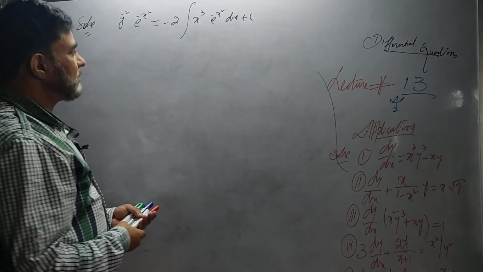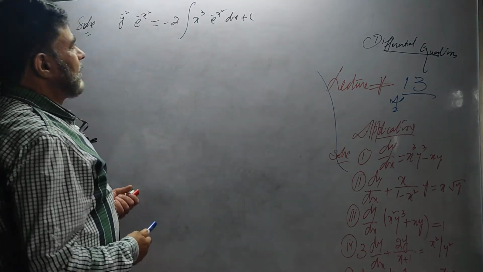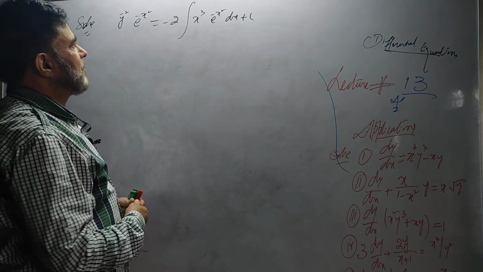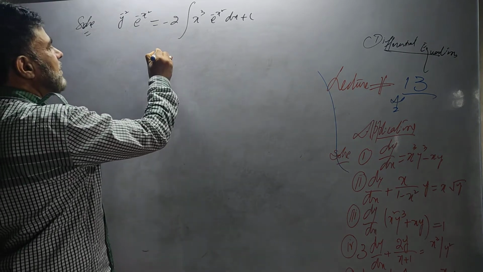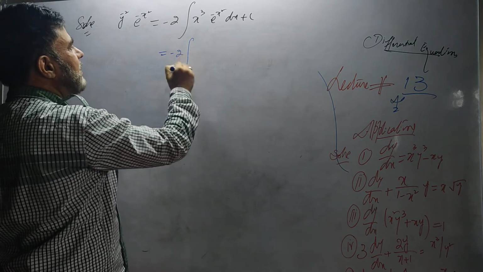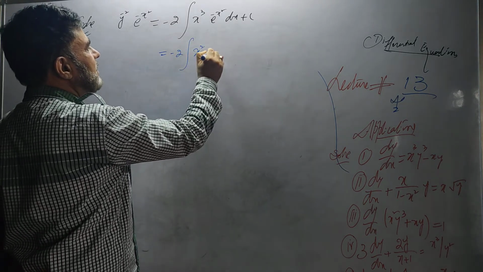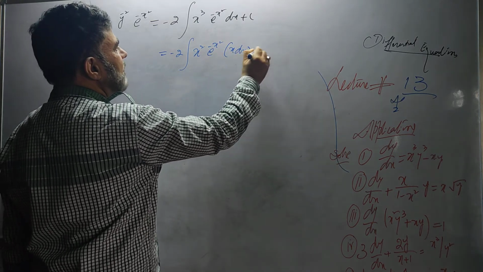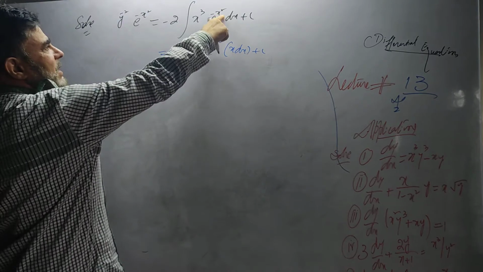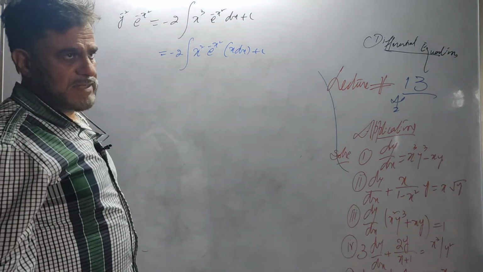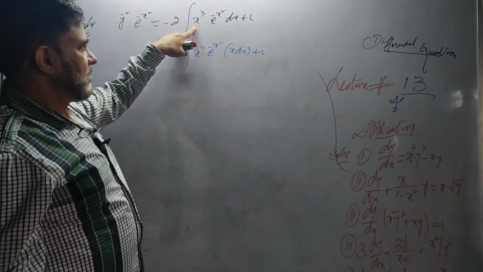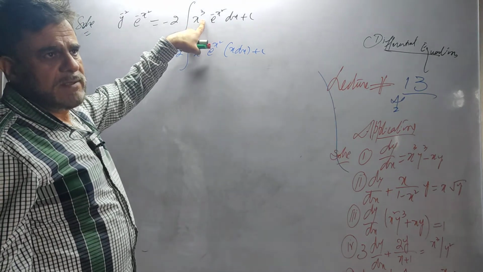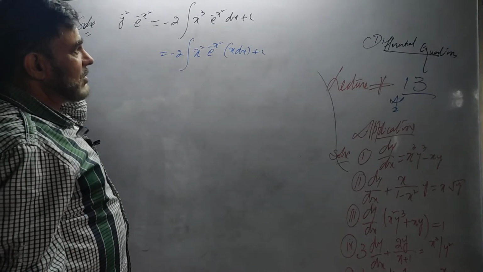How do we go by substitution? You see, we write it this way: minus 2 integral of x square e raised to the power minus x square x dx. Why am I doing this? If I put x square, no doubt the derivative of x cube will be 3x square, but that will not solve my problem.